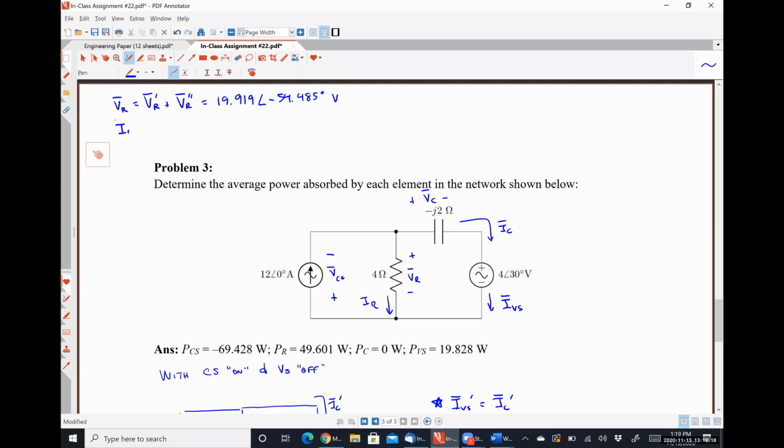Our current through our resistor is IR plus IR double prime.